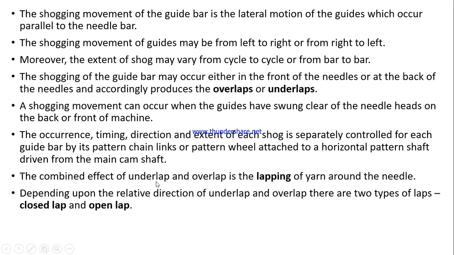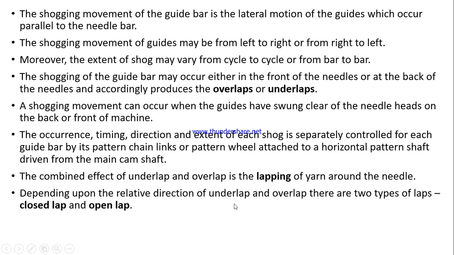The combined effect of the underlap and overlap is the lapping of the yarn around the needle. So if there is an overlap in combination with an underlap, then lapping will occur. Lapping or wrapping of the yarn over the hook of the needle will occur. Depending upon the relative direction of the underlap and overlap, there are two types of lap, closed lap or open lap.